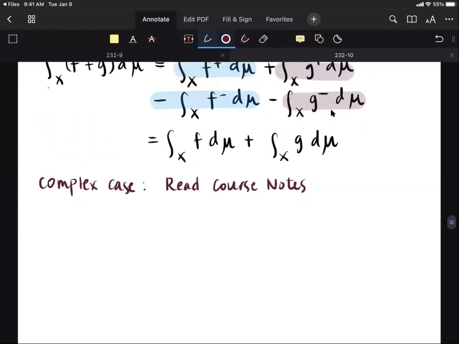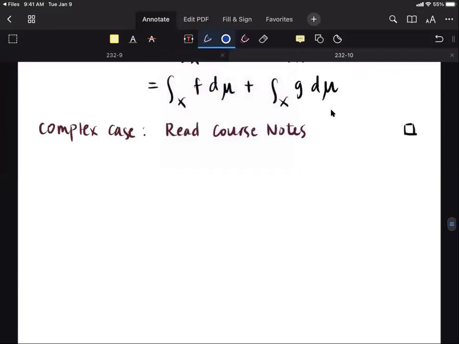Now that we have the linearity for Lebesgue integrable functions, we apply the same strategy as before: linearity implies monotonicity.